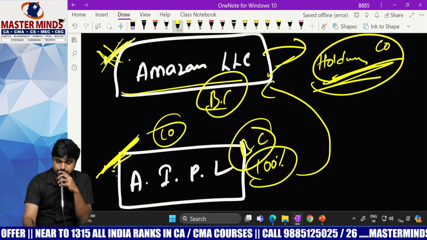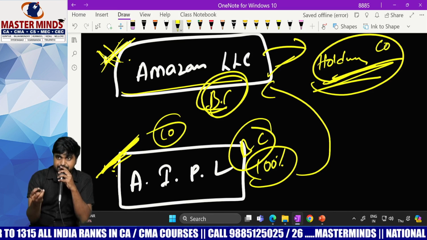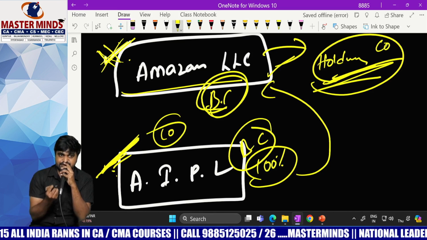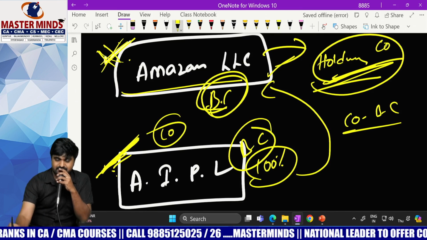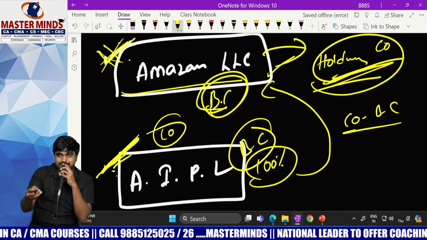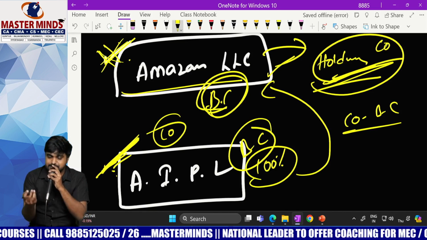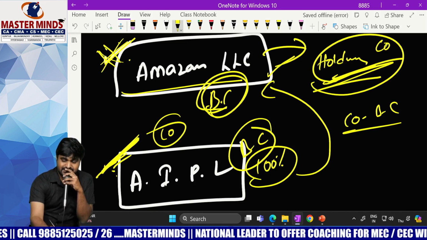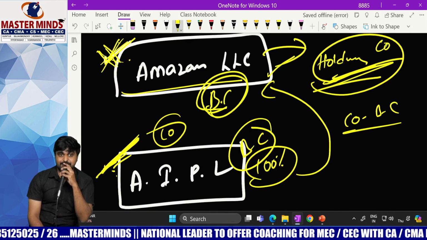This is an Indian body corporate. This is a foreign body corporate. Okay. So for the purpose of the holding and subsidiary definition, company includes body corporates. So even though it is not a company as per our Companies Act, still we can call it a holding company. That means what is the final answer? Here Amazon LLC is a holding company, even though it is not a company.